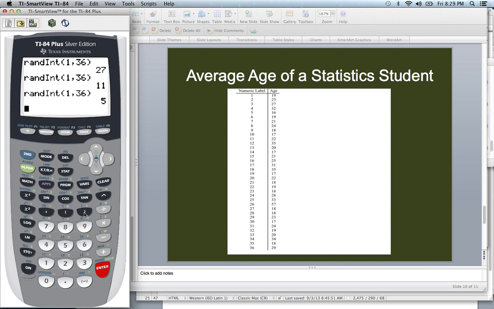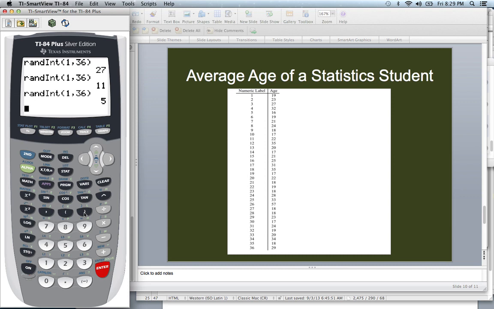Now, the thing to keep in mind is that even though these are my random numbers, 27, for example, isn't the data value. The student that's labeled 27 is 18 years old, so that's my actual data value. Then I look for the student that's labeled 11, and that student's 22, so that's another data value.